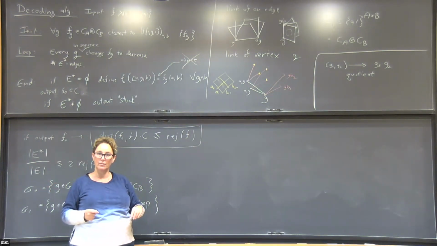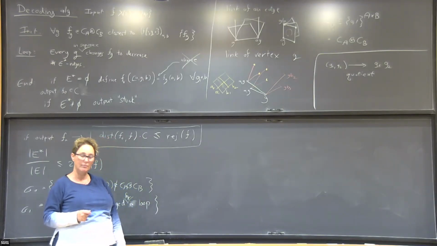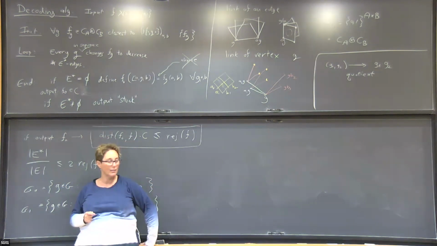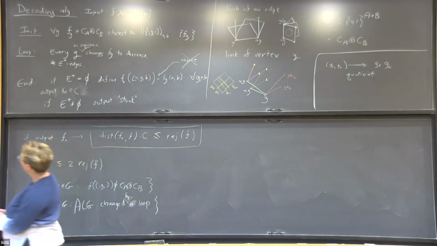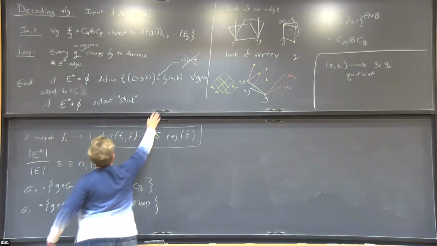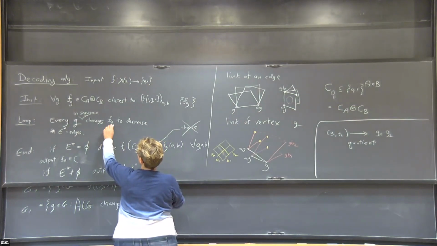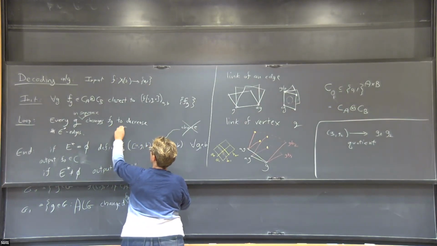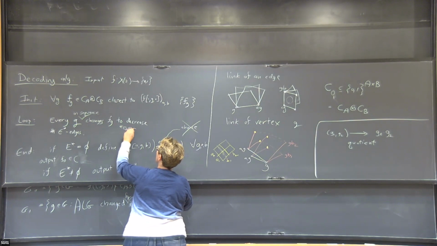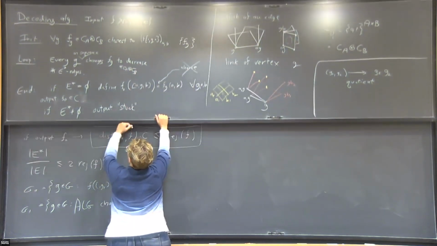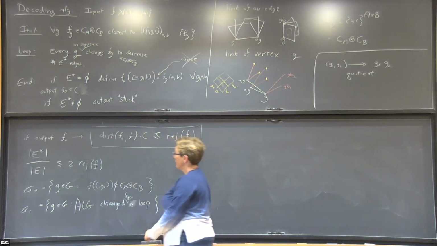At every step, every local view is always inside the tensor code C_A tensor C_B. The local views are forced to always be inside this thing. Okay. Right.